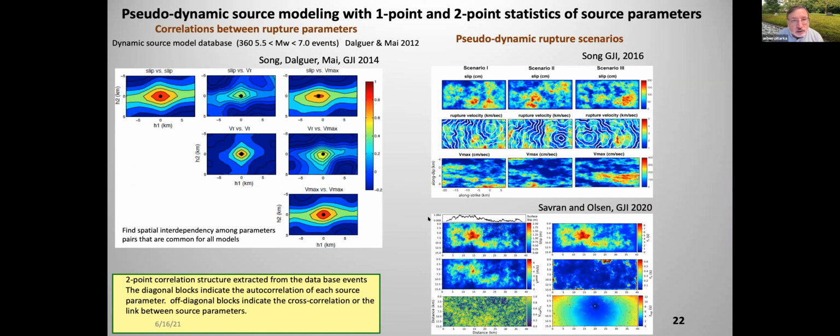The two-point correlation structure, which was proposed by Song, Dalguer and Mai, and later developed a little bit more by Savran and Olsen, is something that is really very important to apply, because it describes the spatial interdependency among parameter pairs across all the models. And we are using those to generate rupture scenarios and generate some scaling parameters.